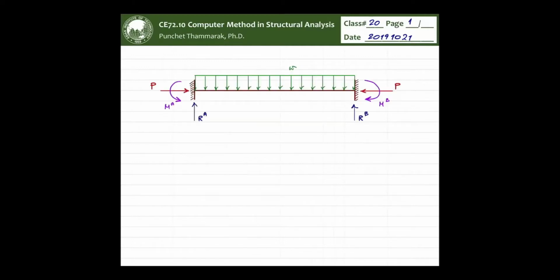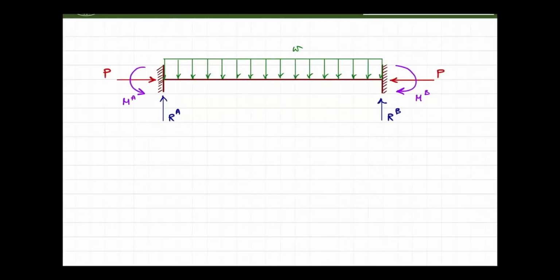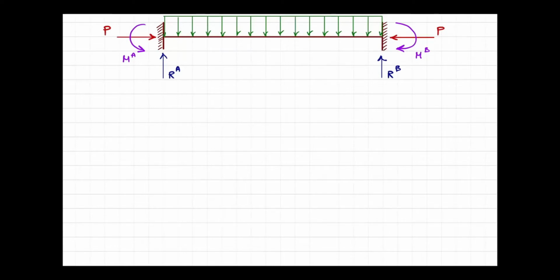So we will take the cut for the equilibrium in order to set up the equilibrium equation. The deformed shape is arbitrary.